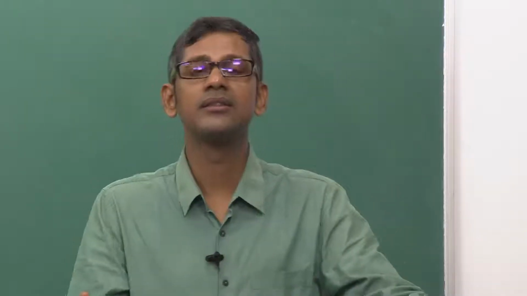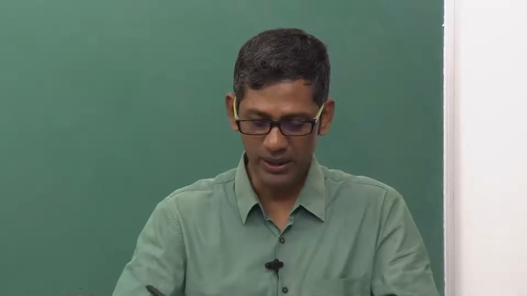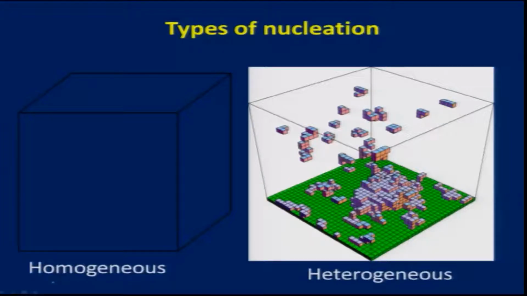This is very evident in this picture, where you see there are only a few places where the solid phase, shown in pink color, is forming on this cube. They are not uniformly distributed.